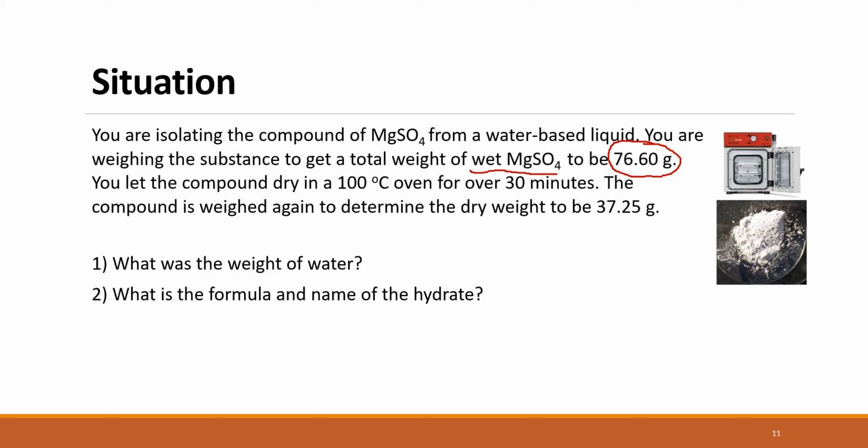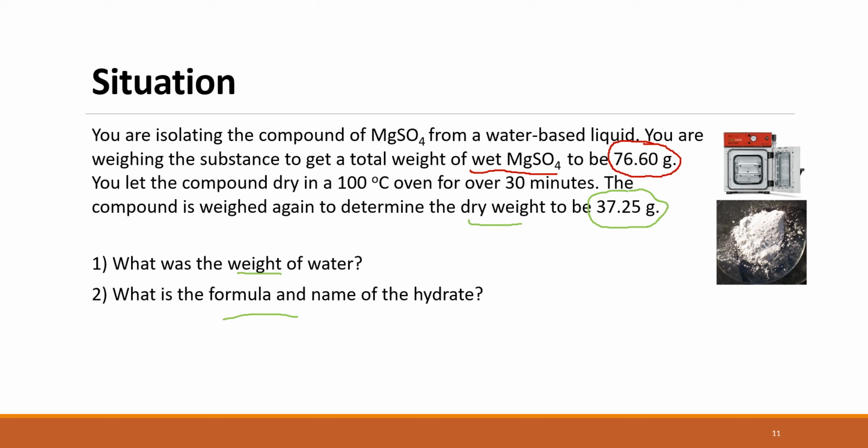You let the compound dry in a 100-degree oven for over 30 minutes, meaning you're driving off the water molecules. The compound is weighed again to determine the dry weight. So the dry weight with no water in it, so just magnesium sulfate by itself, is 25 grams. So 2 questions, weight of the water and the formula and name of the hydrate.